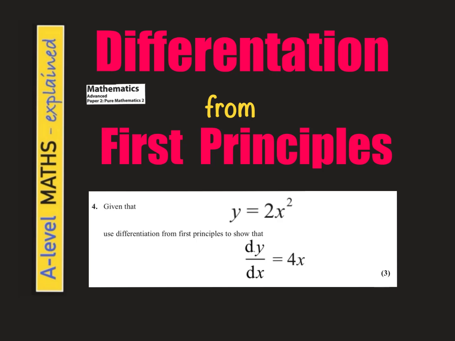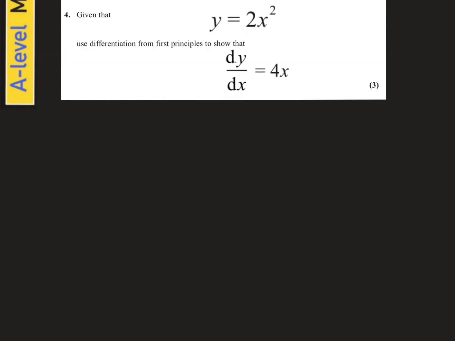We're going to find the derivative function by first principles, given that y is equal to 2x squared. Firstly, I like to consider the function y to be f(x). So then I shall be able to write that the function at x is equal to 2x squared.